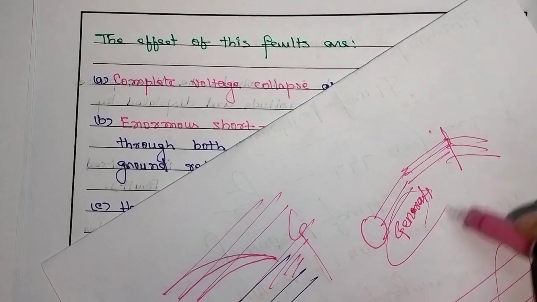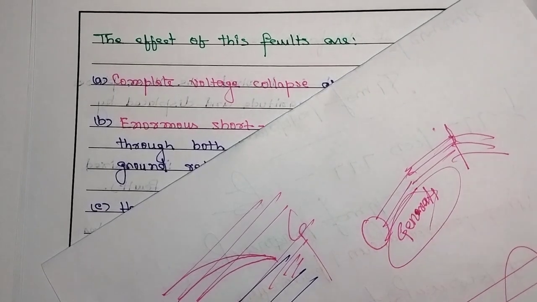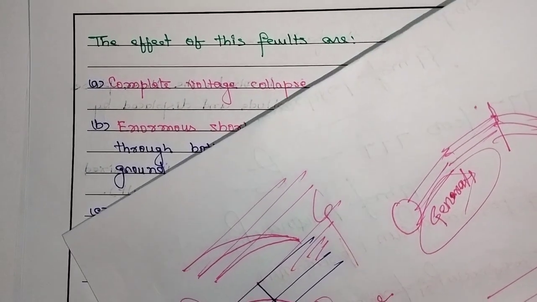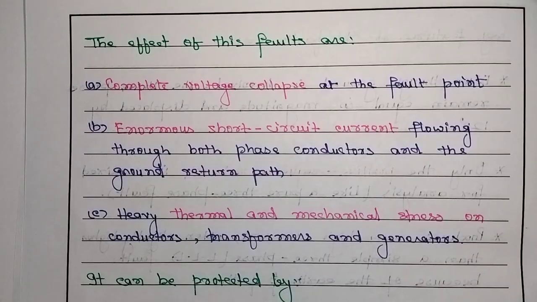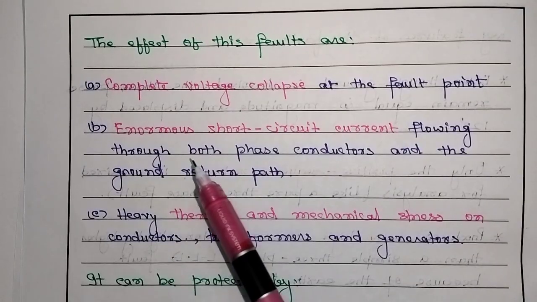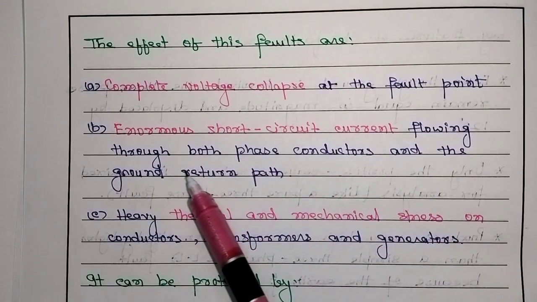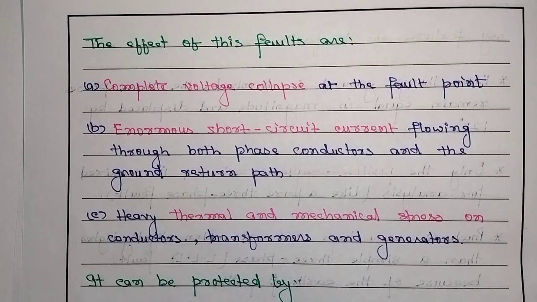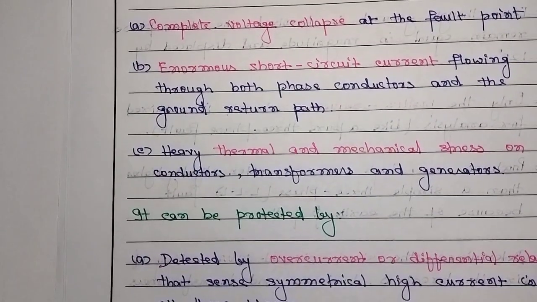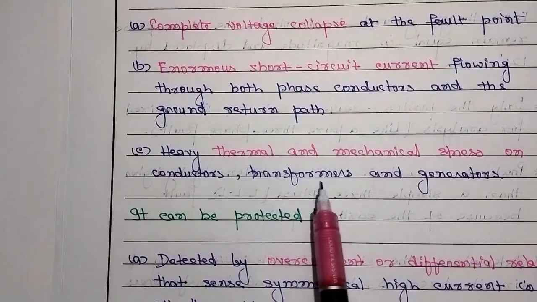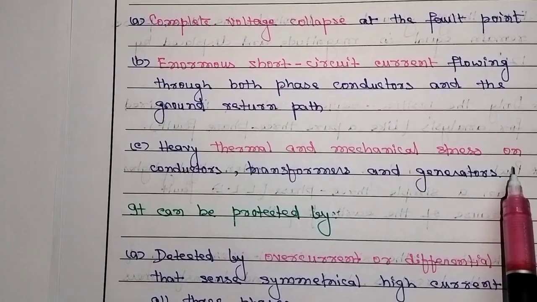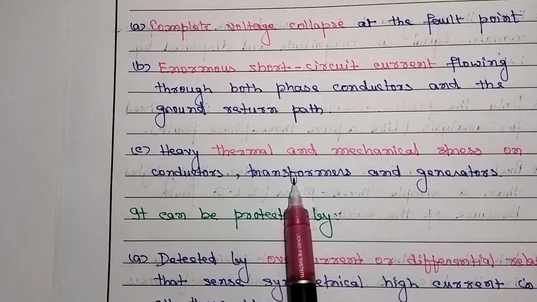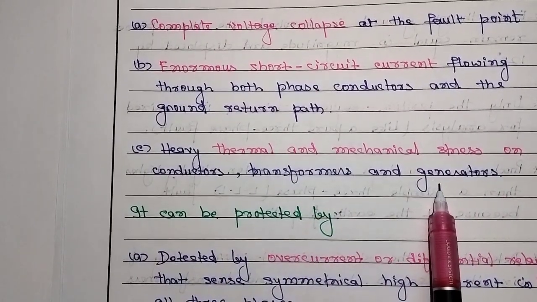That's why this type of fault can also be called the generator fault. Next one we have the enormous short circuit current flowing through the phase conductors and the ground return path. Next, we have the heavy thermal and mechanical stress on the conductors, transformers and the generators.